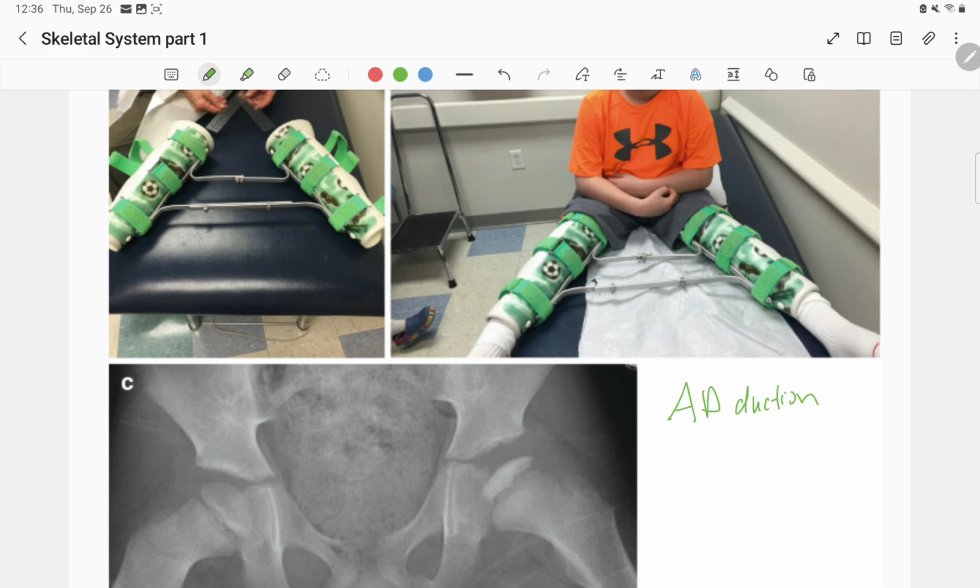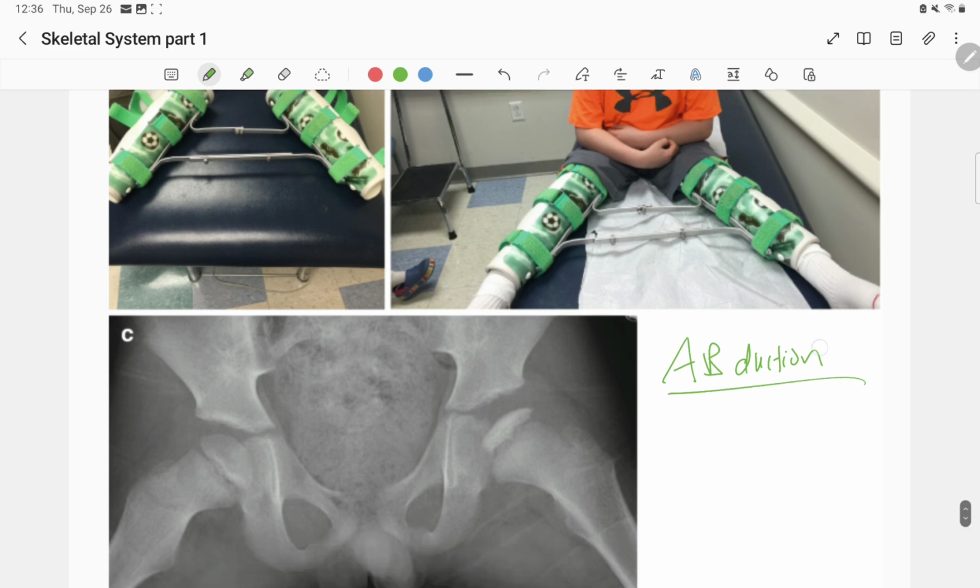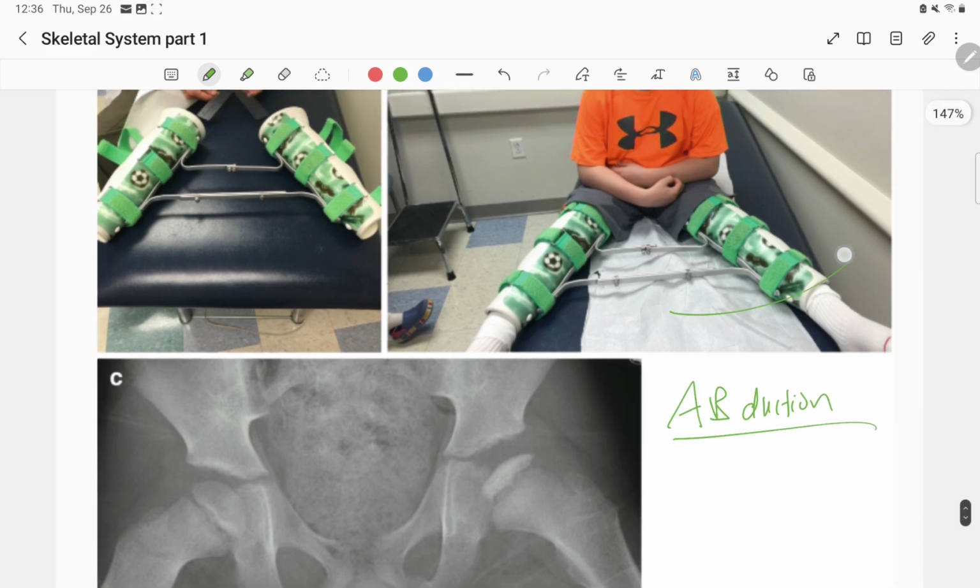Okay, so adduction, abduction. Okay, so abduction, which means away from the midline, right? So if you take the leg and move it away from the midline, that is abduction.